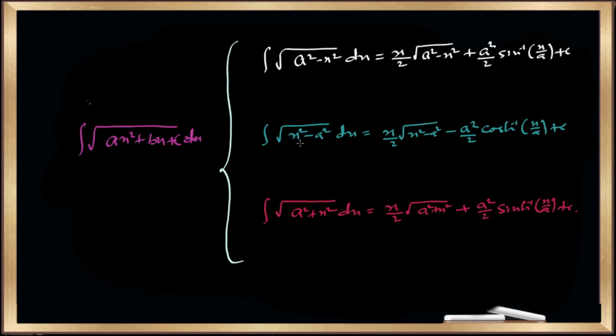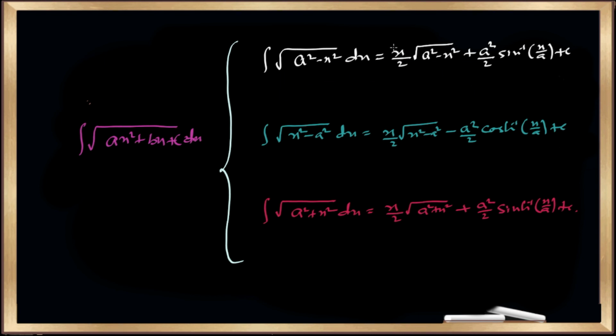If it is root over x square minus a square, then x by 2 root over x square minus a square minus a square by 2 cosh inverse of x by a plus c. If plus is there, meaning root over a square plus x square, then its integral is x by 2 root over a square plus x square plus a square by 2 sinh inverse of x by a plus c.